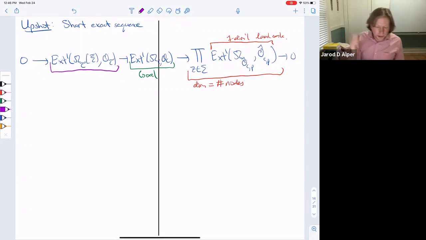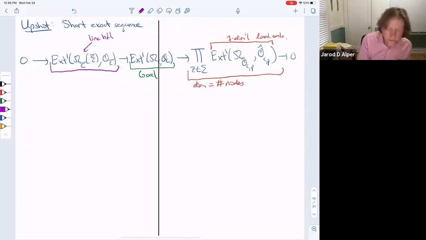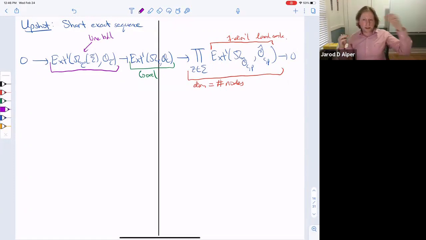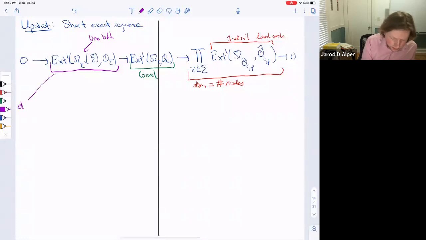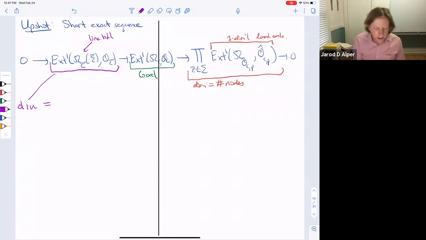Well, the point is that this is a line bundle. So because we're on the normalization, we can compute its dimension. Well, let's do it carefully. To do it, I'm going to do it on the components separately.